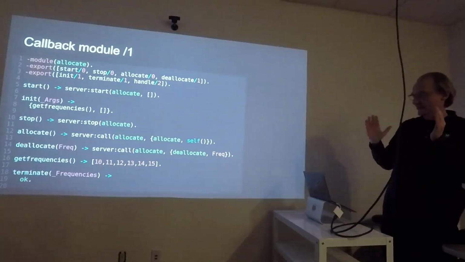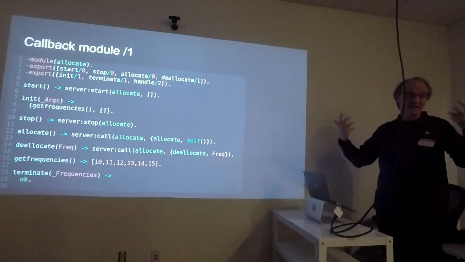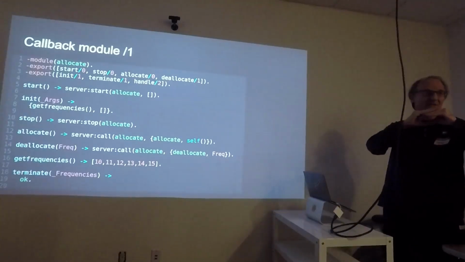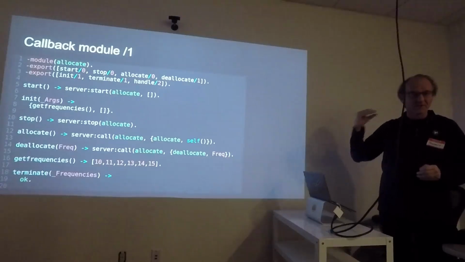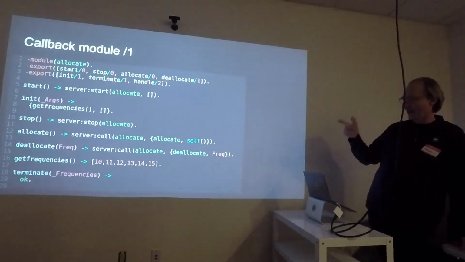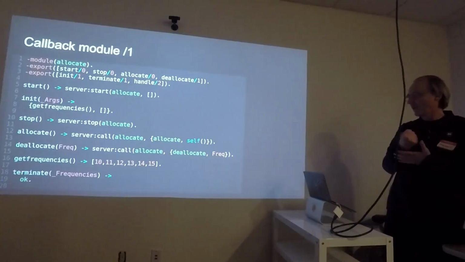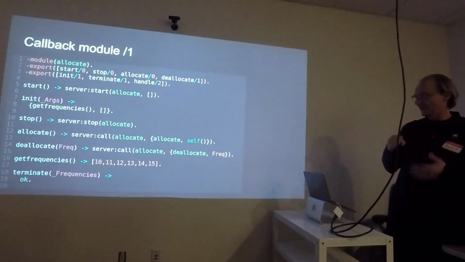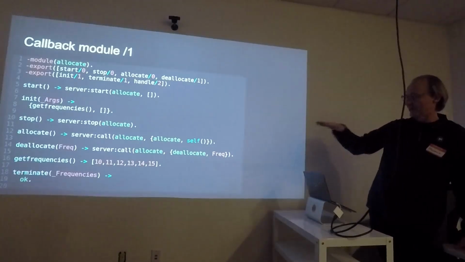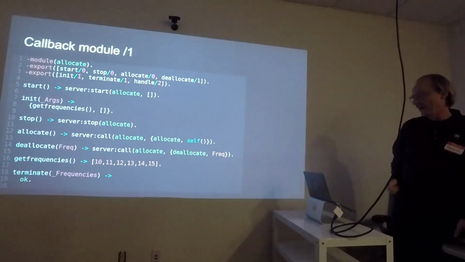This tuple is my state, basically a tuple of 2 lists: one of the frequencies available and the other of the frequencies in use. So I have the allocate function, which gives me back a frequency or an error, and then the deallocate function returns that frequency back to the pool.